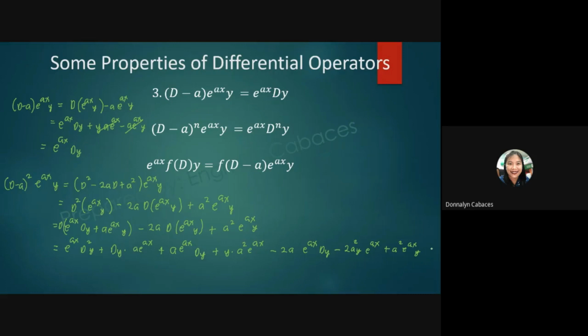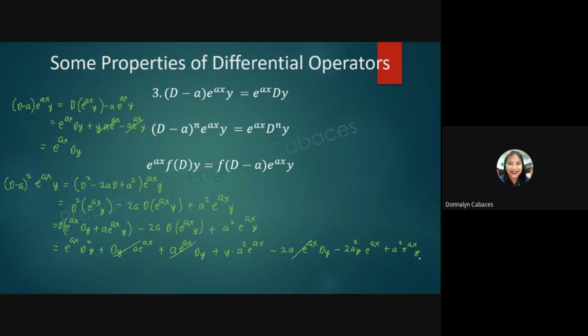Okay, let us see the common terms. You have here Dy a e to the ax and Dy a e to the ax. And then you have here negative 2a e to the ax Dy. So these are 0.